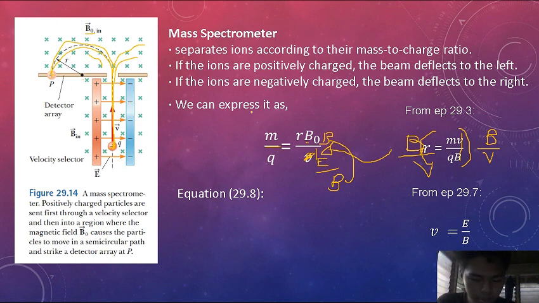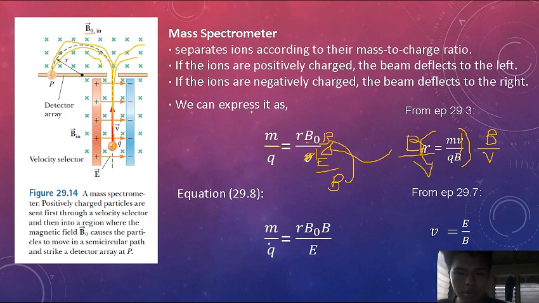We'll have the equation 29.8, which is m over q is equals to r B sub 0 B over E.